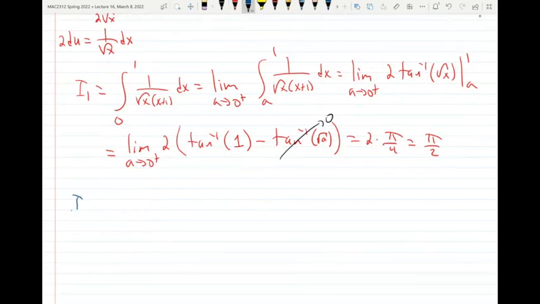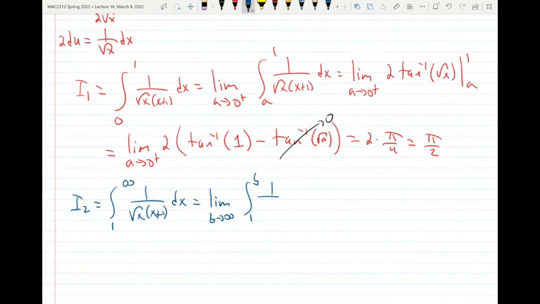And then for the second integral, it was the integral from 1 to infinity. So this will be the limit as b approaches infinity of the integral from 1 to b.